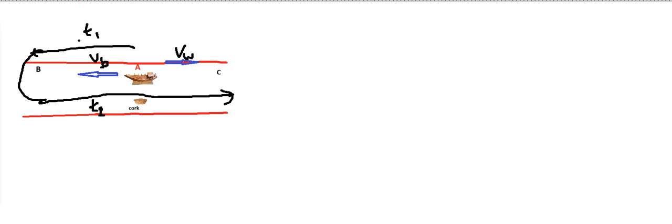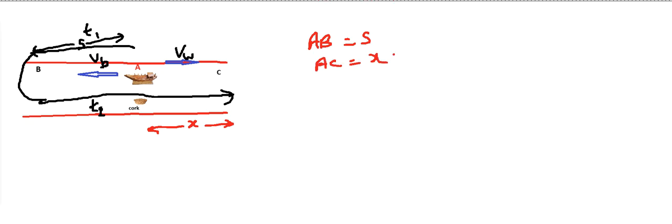A to B, let us call this distance S. The distance covered only by the cork, let us say X. That means AB is equal to S and AC is equal to X. So what is the value of S? Because the boat is moving upstream, S is equal to (Vb minus Vw) into T1. Call it equation 1.